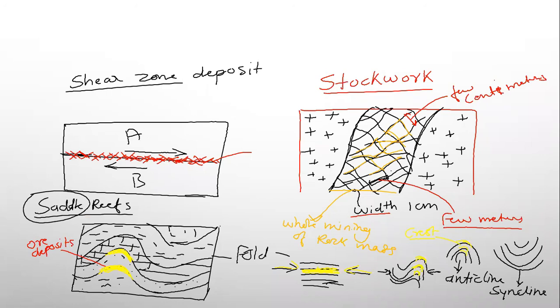Why is it formed like this? Because while folding, the ore deposits will concentrate in the crest of the fold. I hope you understood this.